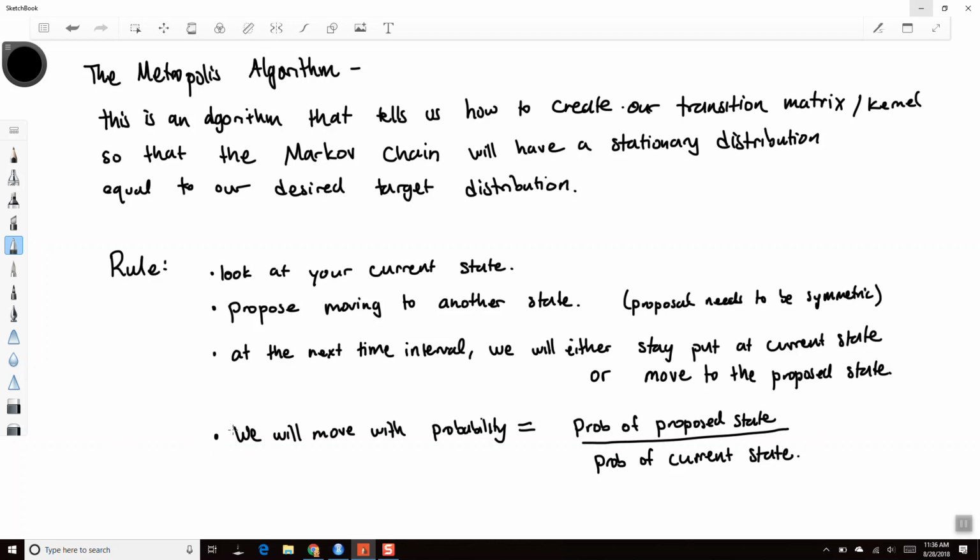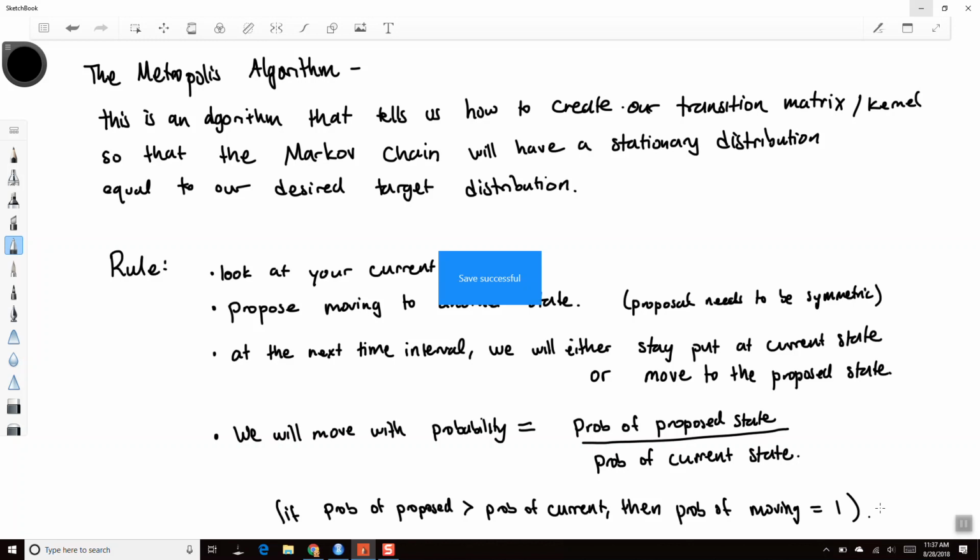You just go with probability 1. Okay, that's the Metropolis algorithm, right?